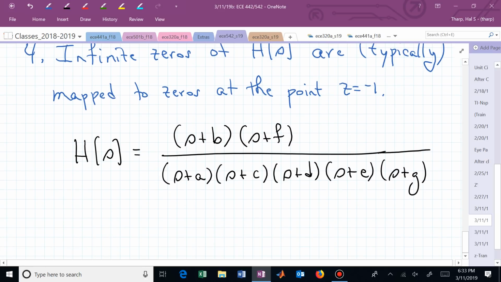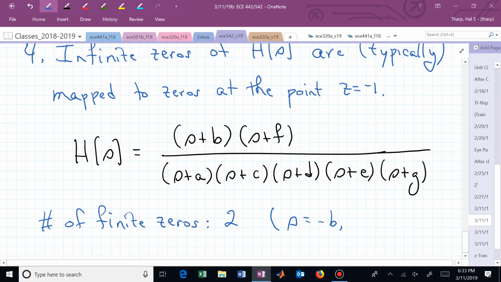I skipped an f, but he was upstairs. Now, how many finite zeros? I just have 2 of those, and those are located at minus b and minus f.